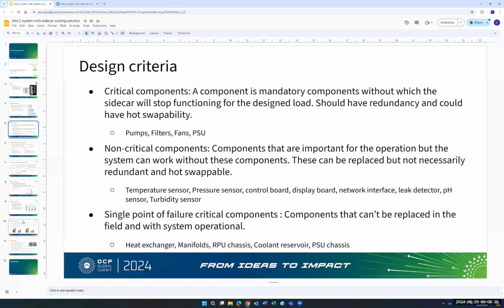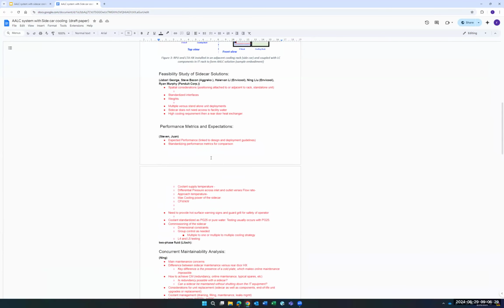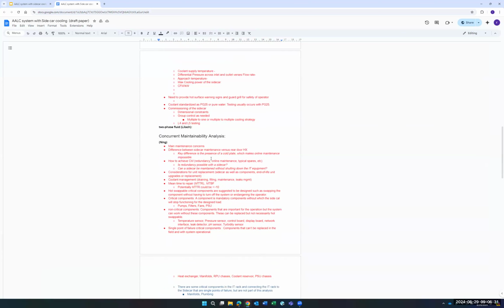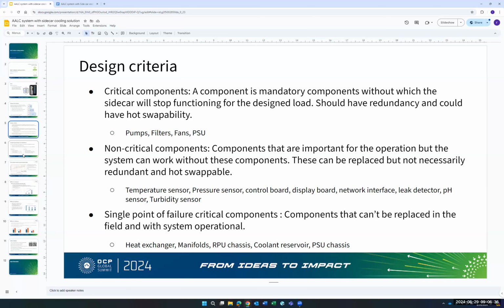With respect to the draft paper, the draft points are very high level design in terms of what should be there.